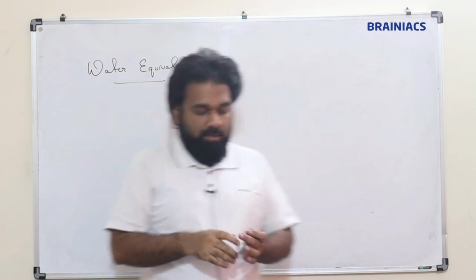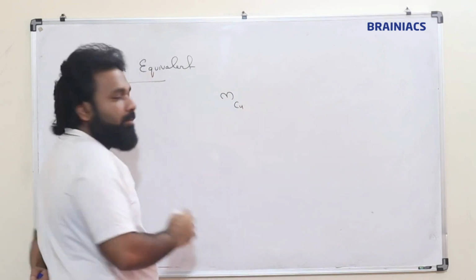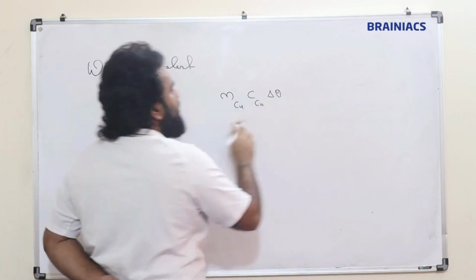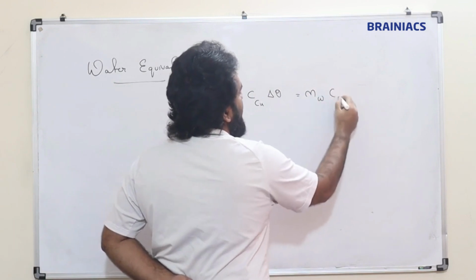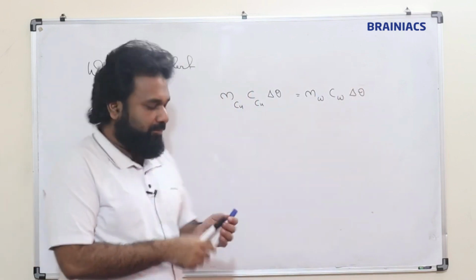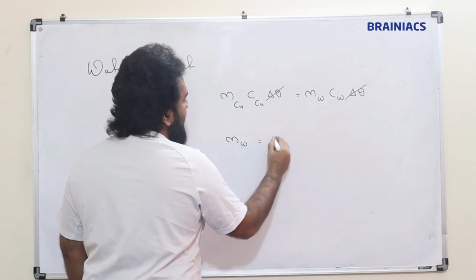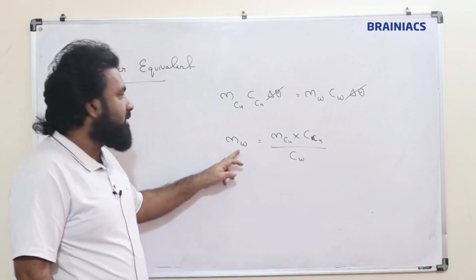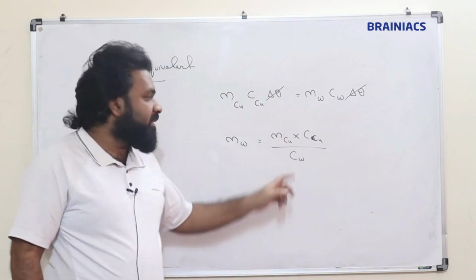For example, mass of copper times specific heat capacity of copper times the change in temperature of copper is equal to mass of water times specific heat capacity of water times that same change. So the delta theta can be cancelled, and mass of water becomes mass of copper into specific heat capacity of copper, divided by specific heat capacity of water.